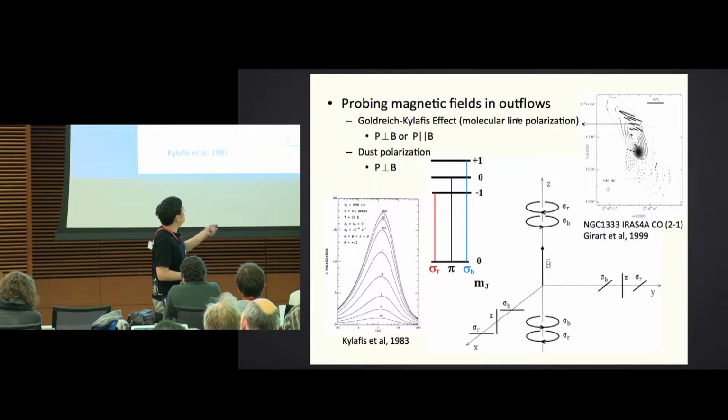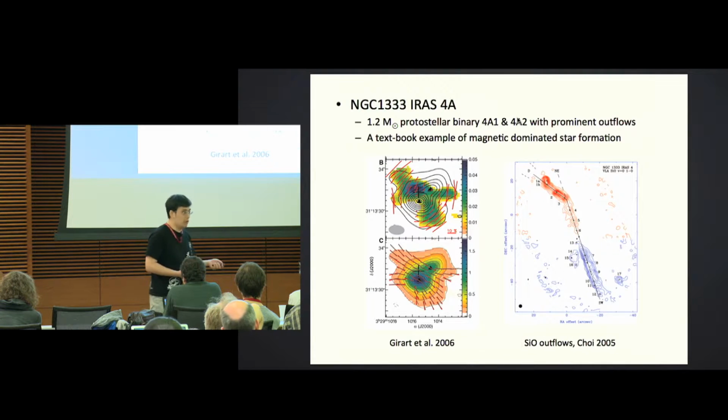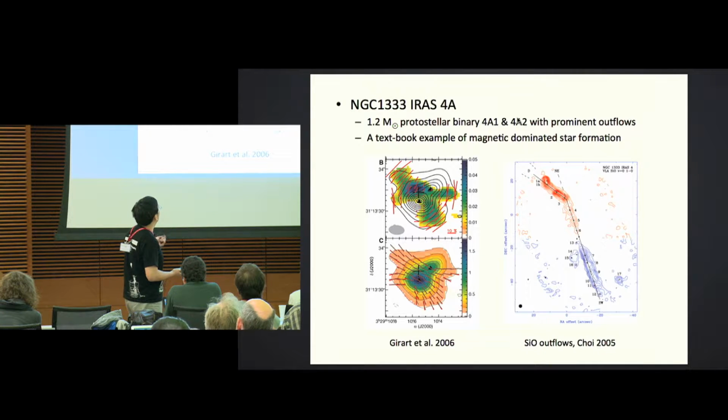The first object that has been mapped with the Goldreich-Kylafis effect is NGC 1333 IRAS 4A in CO 2-1 with BIMA. Here with SMA, we observe this source again. This source is probably the most well-known Class 0 source.